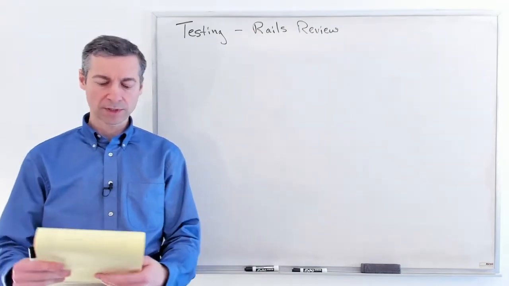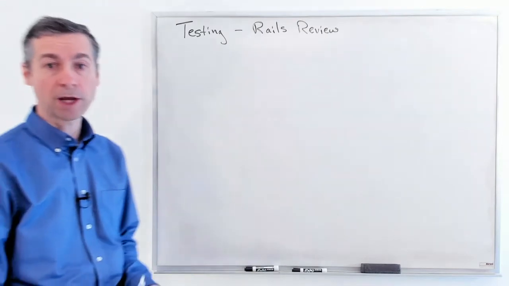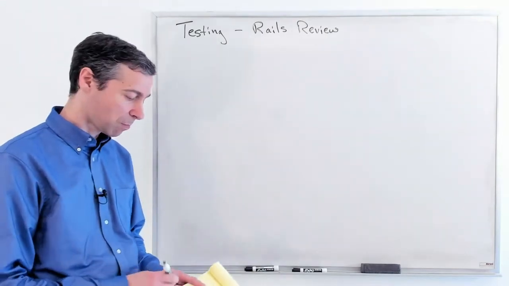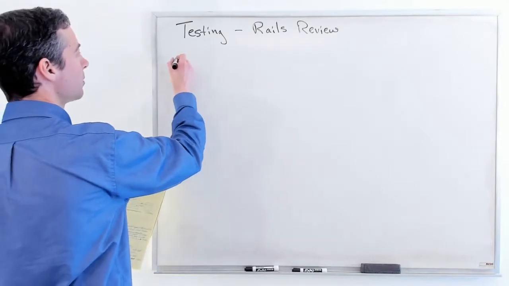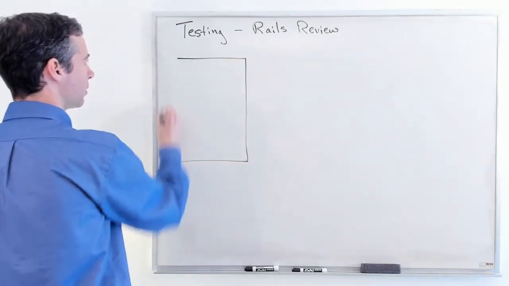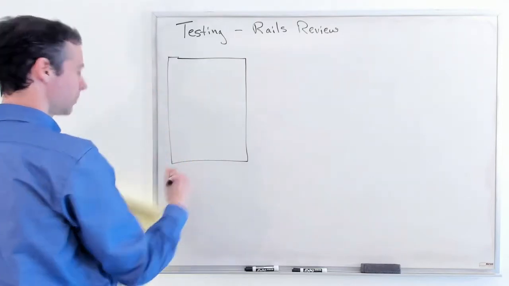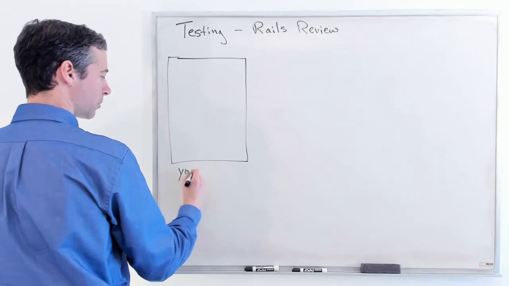So first, let's review what's going on with the web apps that we've built in Rails. As we've talked about, these are multiple tier apps, and the user interface tier is over here. And so this is your computer.